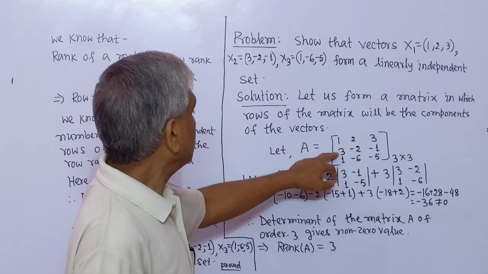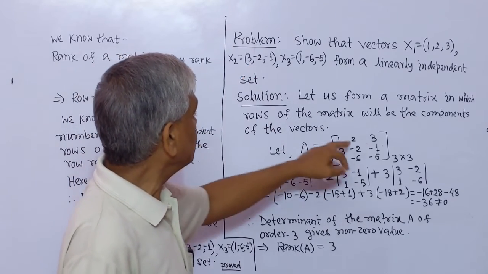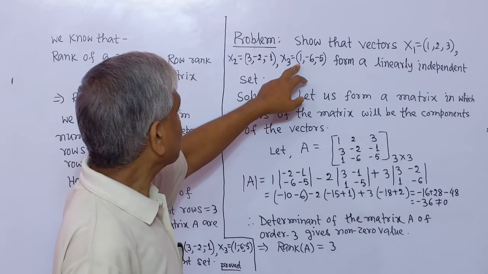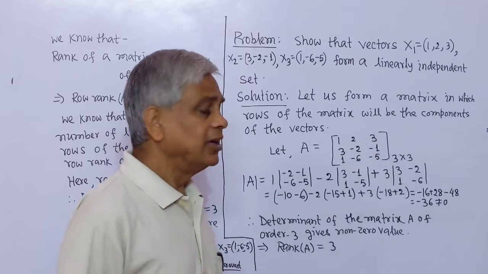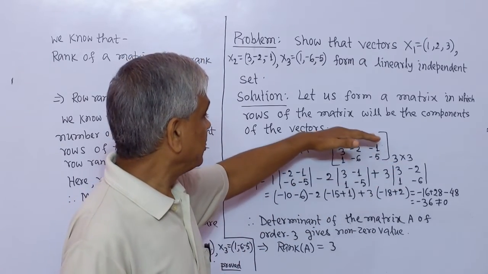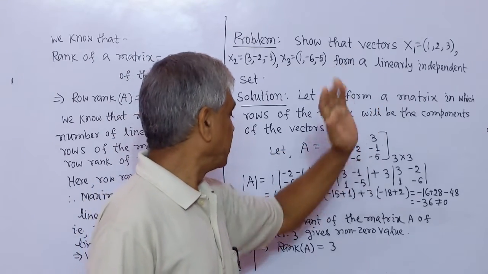The second row is the components of the second vector 3, -2, -1. The third row is the components of the third vector 1, -6, -5. This is a 3 by 3 matrix. The number of rows is 3 and the number of columns is 3.